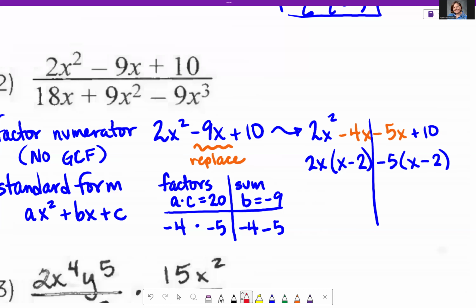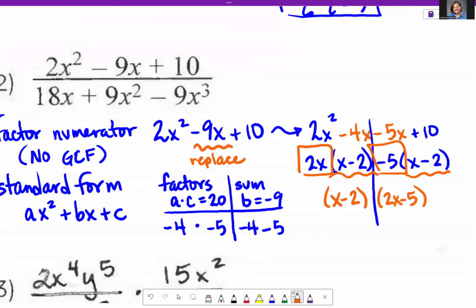Now I look for a greatest common factor for the whole polynomial, and I find that when I look at this as a whole, both the first group and the second group have an x minus 2. And then I can make a group by undistributing x minus 2 and writing what's left, which is 2x minus 5.